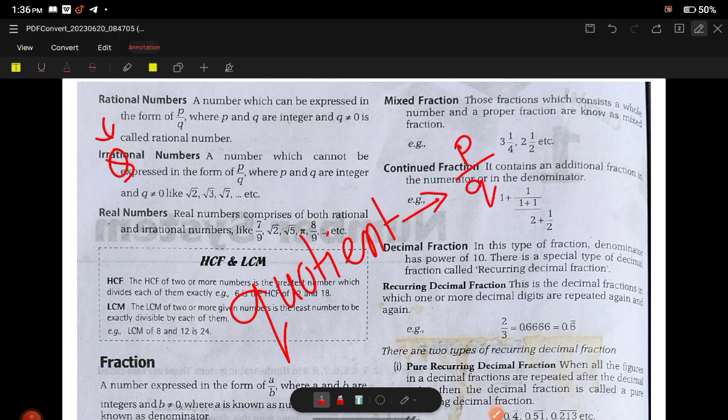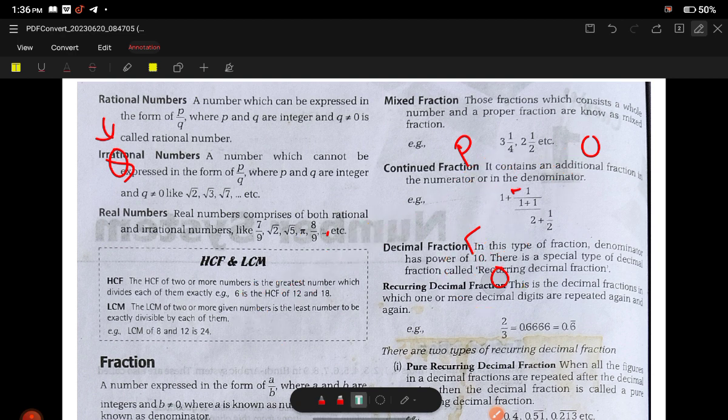So p and q are two integers, and their quotient is known as a rational number. Mind it, the denominator q cannot be 0. If the denominator is 0, then the rational number or any fraction will be undefined.